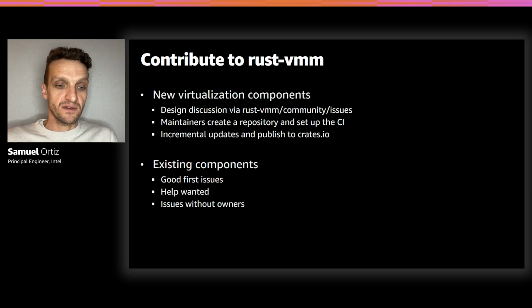Some components need help to move forward. They need expertise. They need code contribution, and this has been labeled through the help wanted tag. And finally, there are also some issues in the existing components that need an owner. Some of those issues don't have an owner. They're not being tackled right now. So if you're feeling up to the challenge, then feel free to own them.